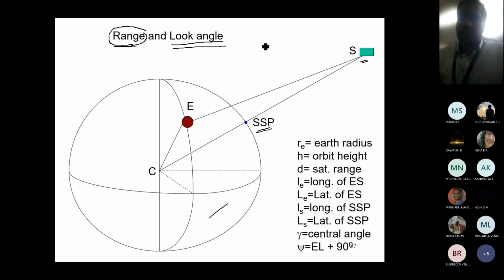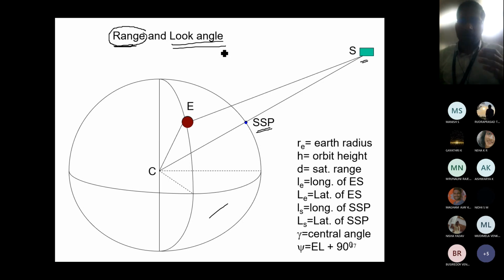So that is the look angle we are going to calculate. So we have two different stages. In the first stage, we will calculate the distance between the ground station and the satellite. In the second stage, we will calculate the look angle, that means how much portion on the surface of the earth will be in the coverage of the satellite.